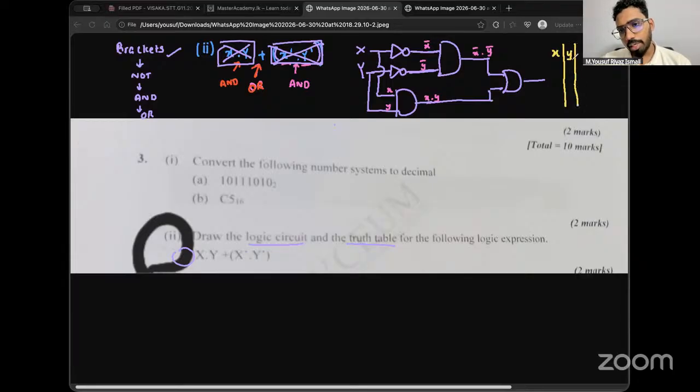After that, for every unique output, create another column. We have one output coming from here, which is x dash. We have another output coming from here, which is y dash. We have another output coming from here, x dash dot y dash. Let me just take it down.